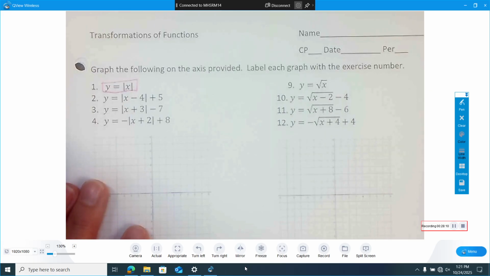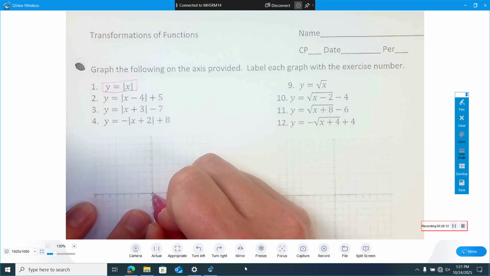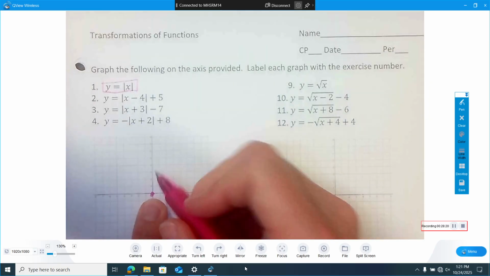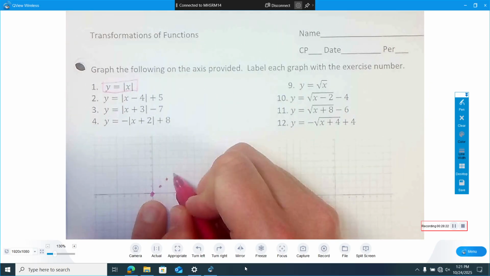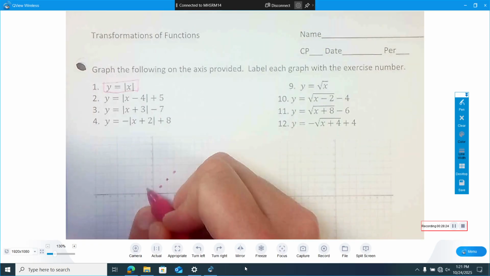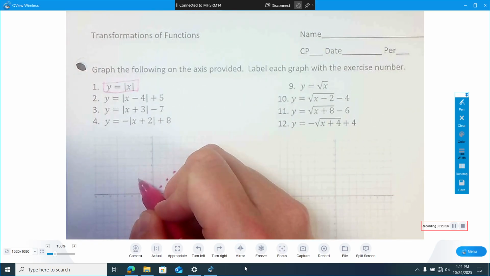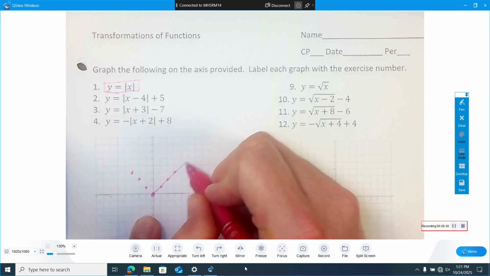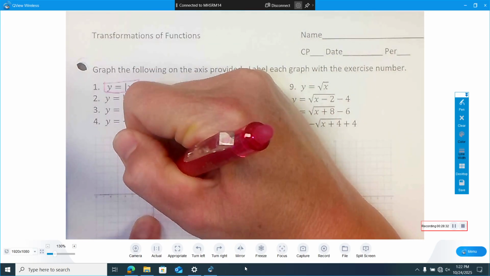Absolute value V. Very good. So we're going to graph the following on the axis provided and label each. The absolute value V goes through 0, 0, and 1, 1, and 2, 2, and 3, 3, and -1, 1, -2, 2, and -3, 3.